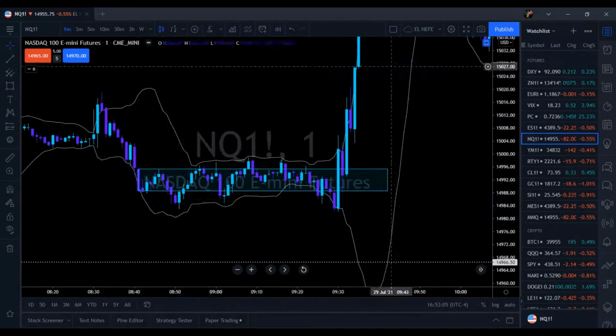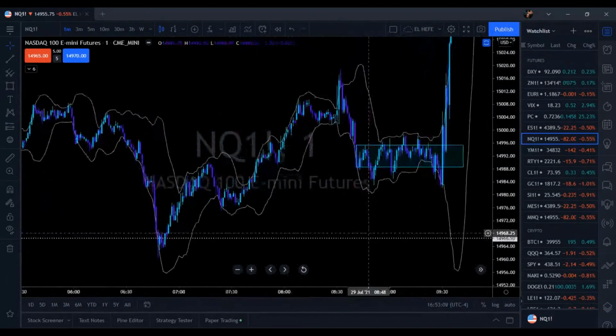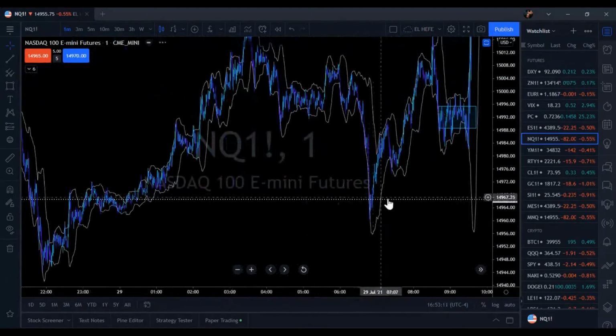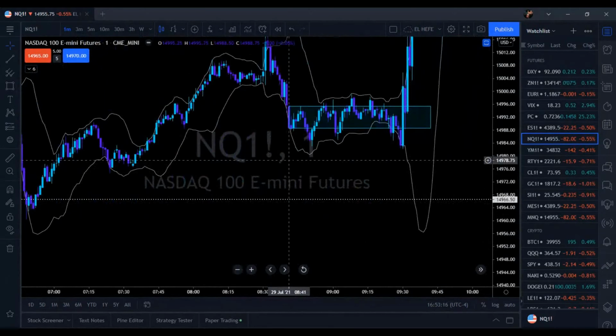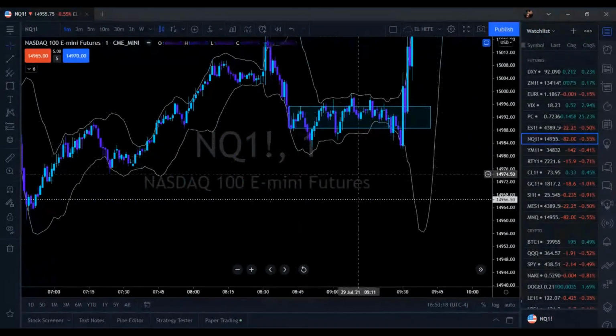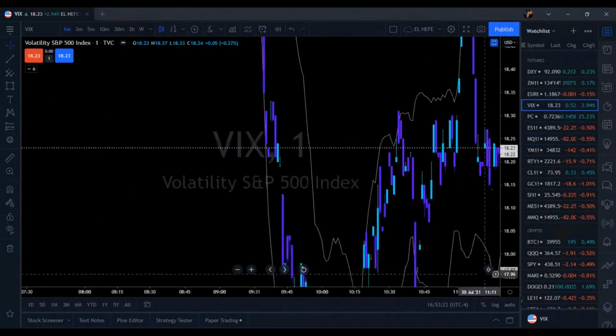Now, let's look at what this date was. When was this? The 29th at 8:40. So that's about the 9 o'clock setup. The 29th at 8:40. Now let's look on the VIX.